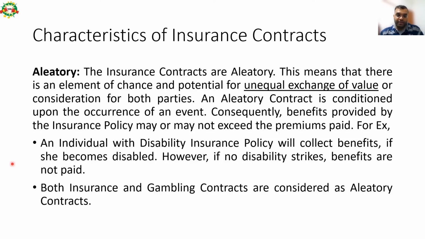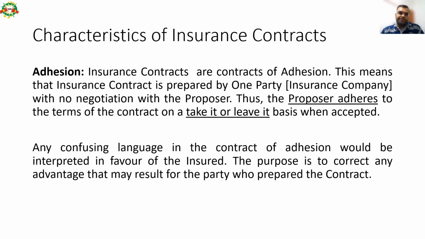If I do not get disabled, I will not get anything out of this policy. If no disability strikes, benefits are not paid. That is why these contracts are called aleatory. Both insurance and gambling are considered to be aleatory contracts.